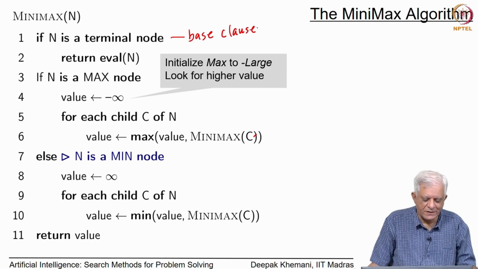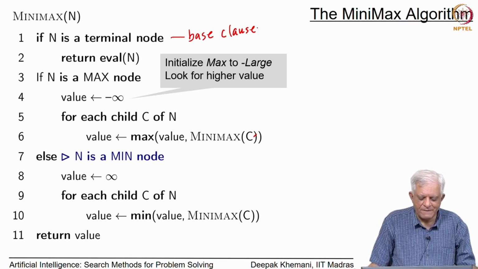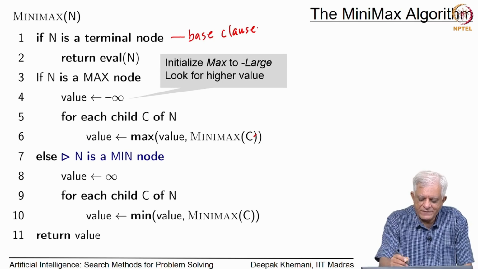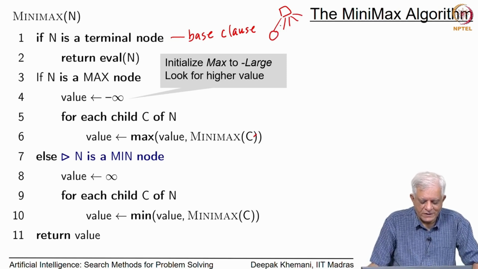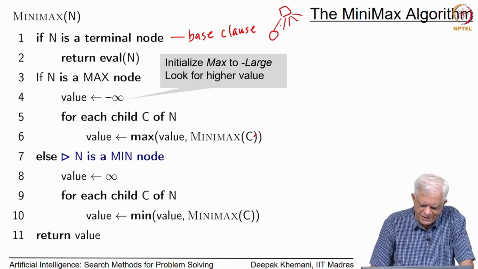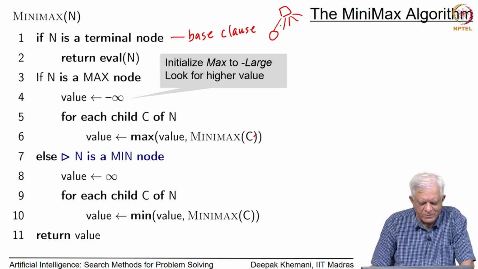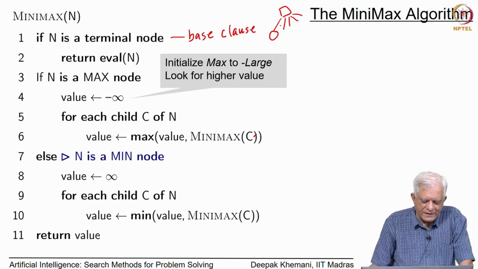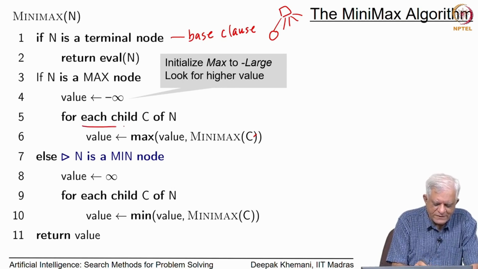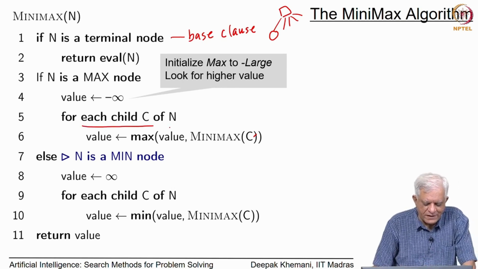If it is not a terminal node, then we do recursive calls. Remember that for max we will look at each of the children one by one. So, recursively we will call the first child, and this is what is shown here. We initialize the value of that max node to minus infinity or minus large if we are implementing a real program, and then for each child C of n we start with the leftmost child.